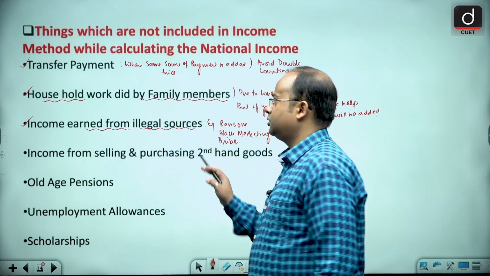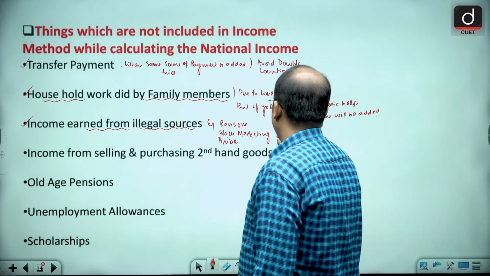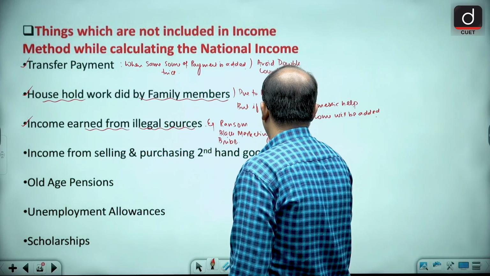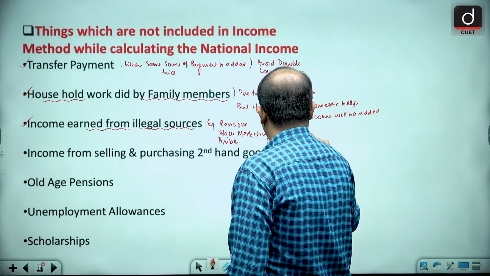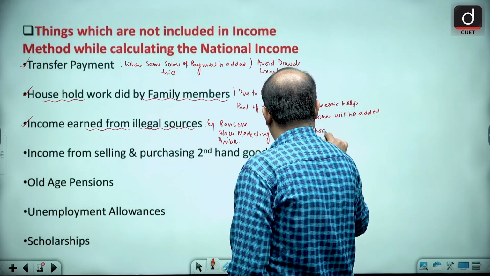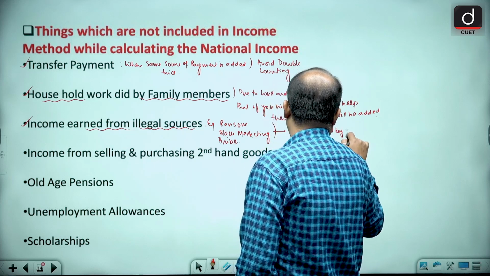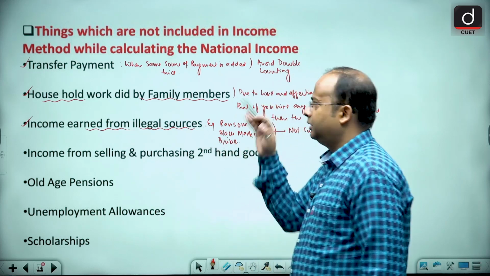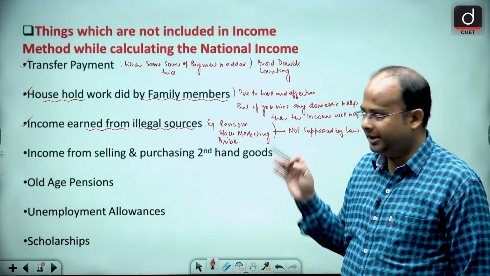Income is also earned from them, but they are not supported by law. Since they are not supported by law, therefore it is illegal and it is not being added.